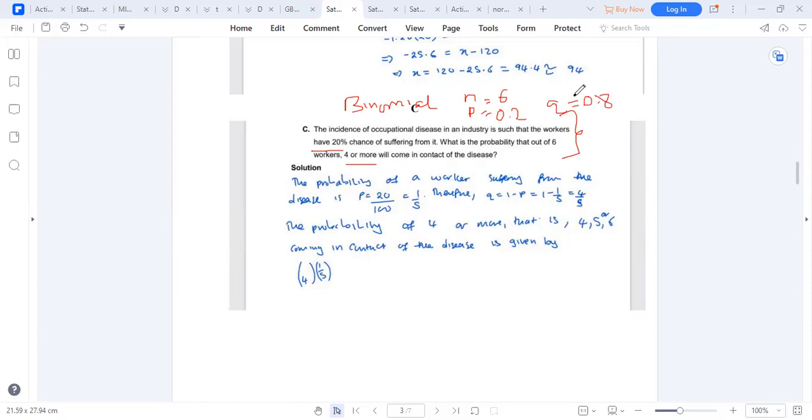Yes. Now, using the binomial distribution, we have n choose x, then p to the power x, and q to the power n minus x. So our n is 6, so we're going to do 6 combination what?